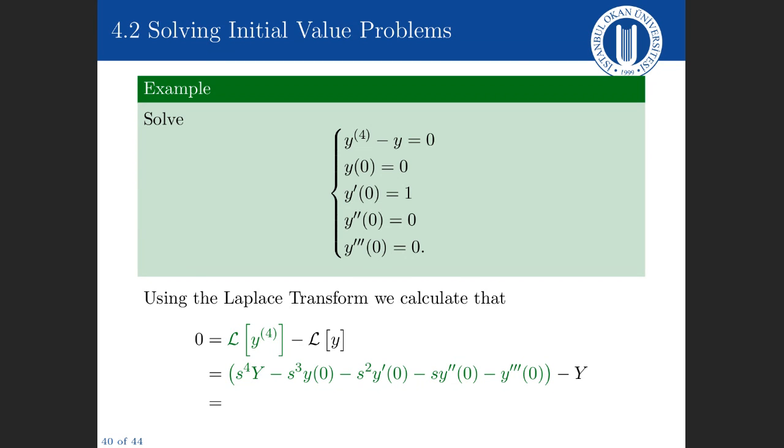From the theorem, or from the formulae on the table of elementary Laplace transforms, we know that the Laplace transform of the fourth derivative of y must be, we start with S to the power 4 capital Y, and then minus the initial conditions. So minus S cubed y of 0, minus S squared y prime, minus S y double prime, minus y triple prime.